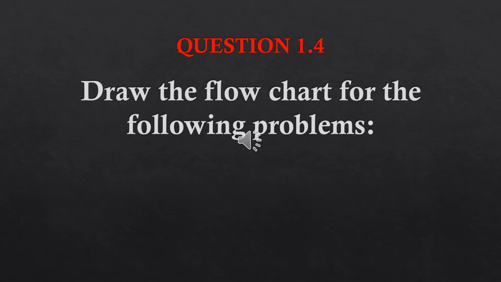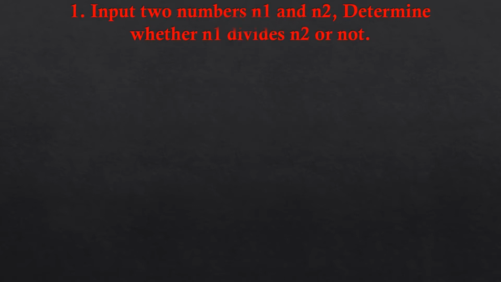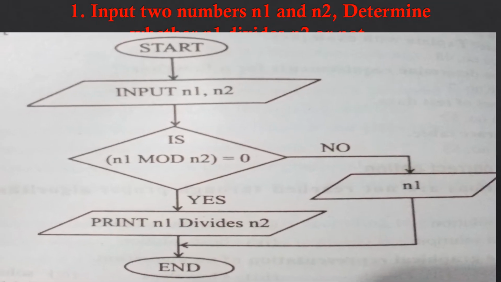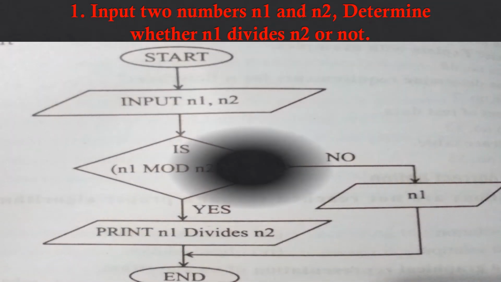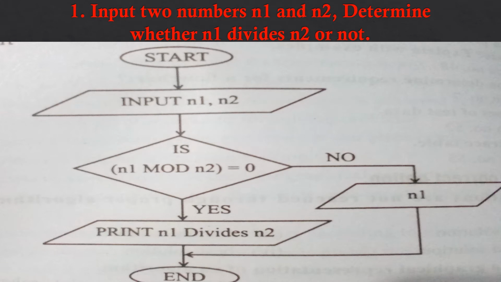This is our question number 1.4. Draw the flow chart for the following problems. So this flow chart is for input of two numbers n1 and n2 and determining whether n1 divides n2 or not.